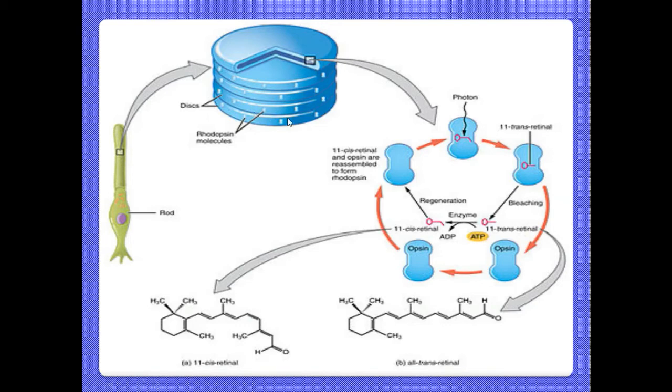This rhodopsin molecule is triggered by the photon, light energy, and is converted into 11-trans-retinal. The bleaching happens here. Then 11-trans-retinal is converted to 11-trans-retinol, and by an enzyme, where ATP is utilized, it is converted into 11-cis-retinal.